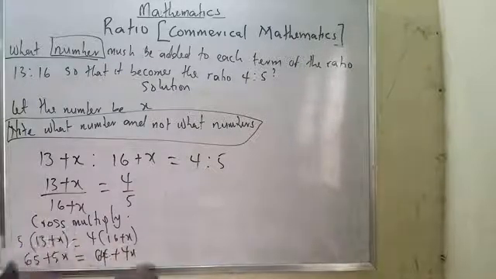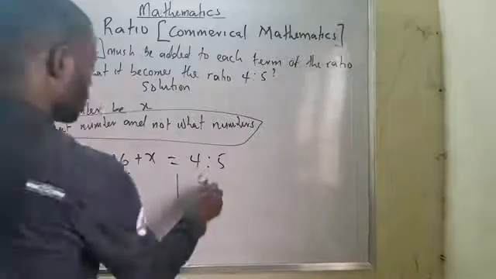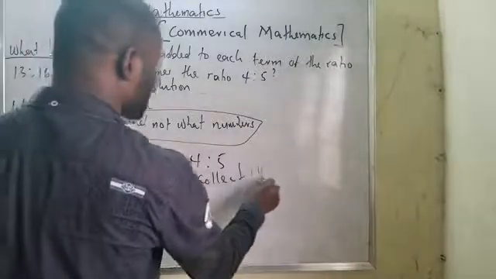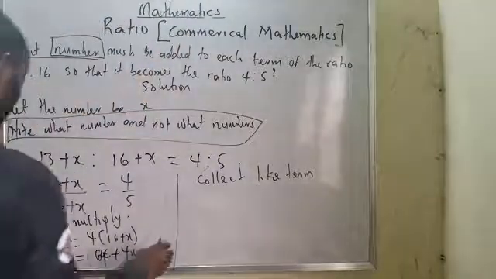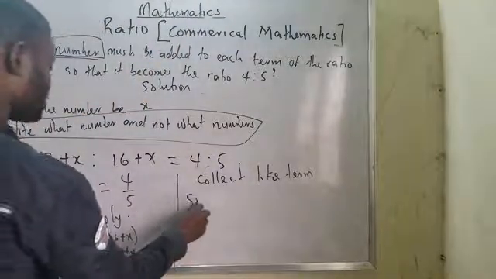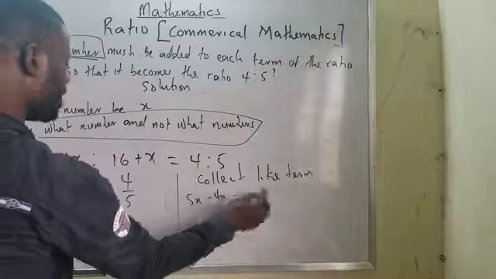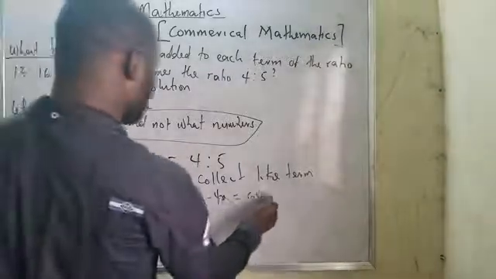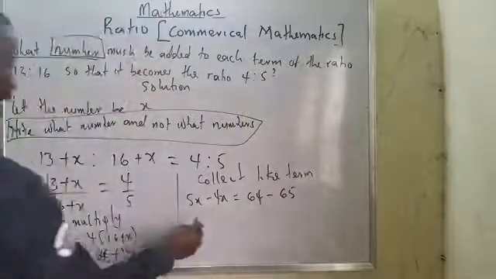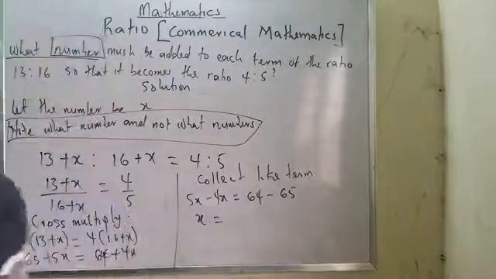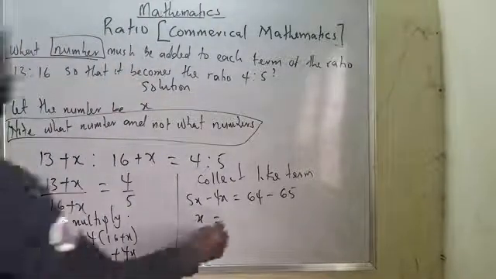And I collect like terms. Please take note of that, which I will be having 5x minus 4x equals 64 minus 65, which gives x equals minus 1.